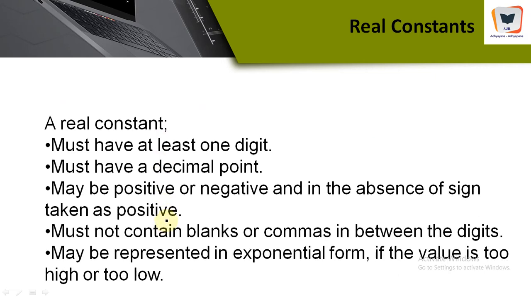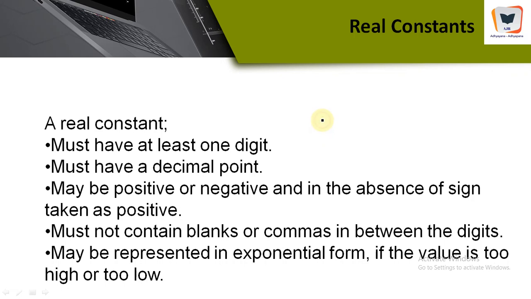A real constant must have at least one digit, must have a decimal point, and may be positive or negative. In the absence of a sign, it is taken as positive by any of the computers. It must not contain blanks or commas in between the digits, and may be represented in exponential form if the value is too high or too low. That is, a real constant can be scientifically represented, precisely, if it is too long, too big, or too small.